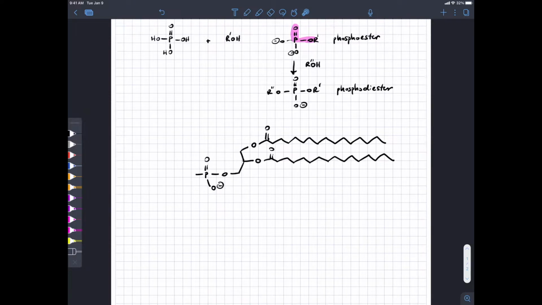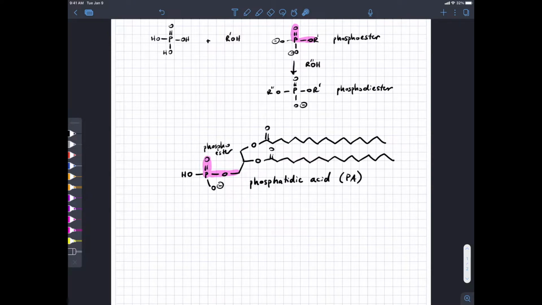Okay? So if you just have an OH group here, this is called phosphatidic acid. And do you see the phosphoester linkage between the alcohol of glycerol and then phosphoric acid? Okay, that's phosphatidic acid. Sometimes people will abbreviate that as PA.